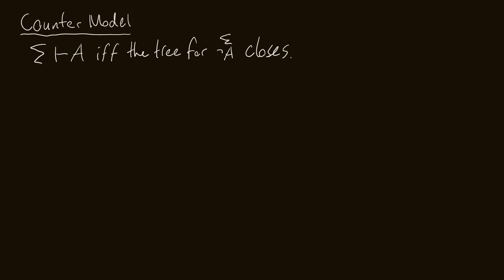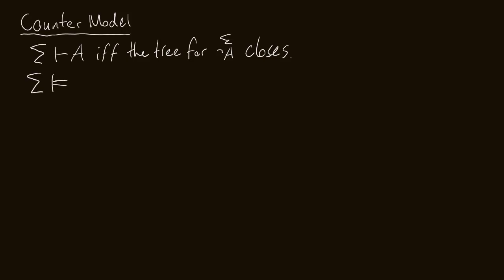Another is the semantic version where we say that every interpretation that makes the premises true makes the conclusion true. So here I'm going to introduce a new symbol. We'll say sigma, again the set of our premises, semantically entails A. So it looks like a sideways pie, like our syntactically entails symbol just with another arm sticking out.